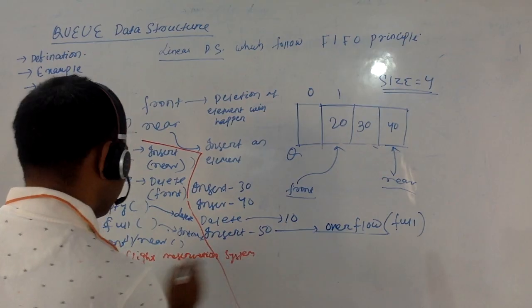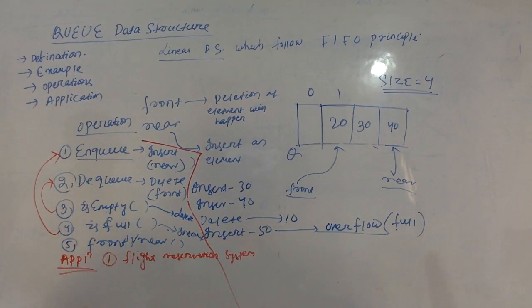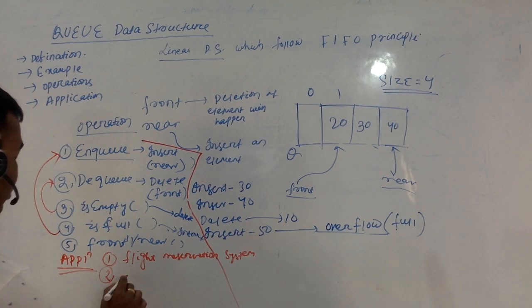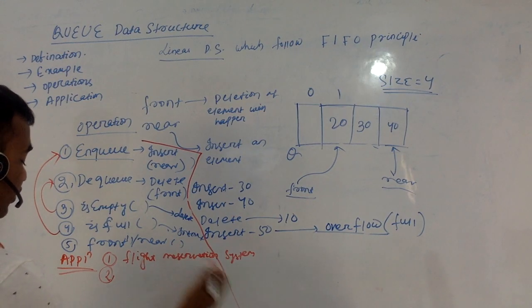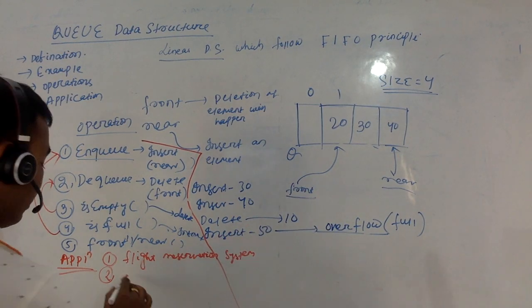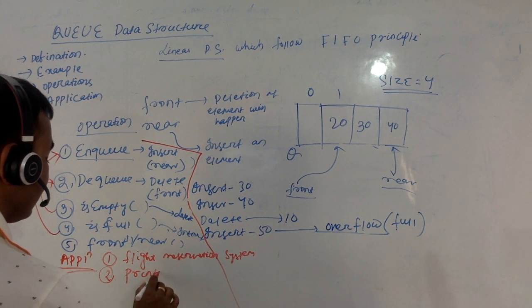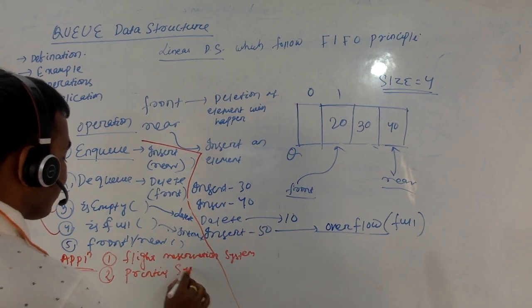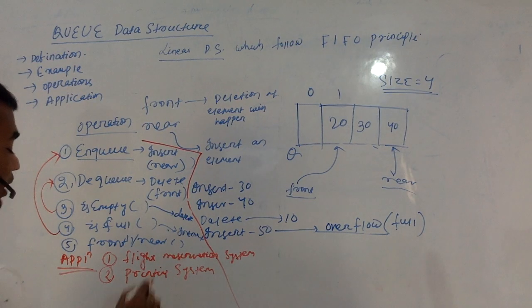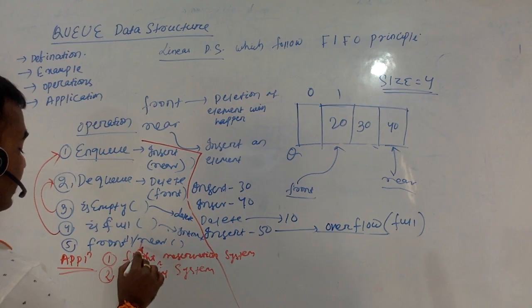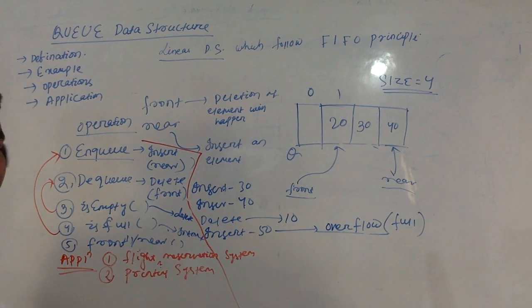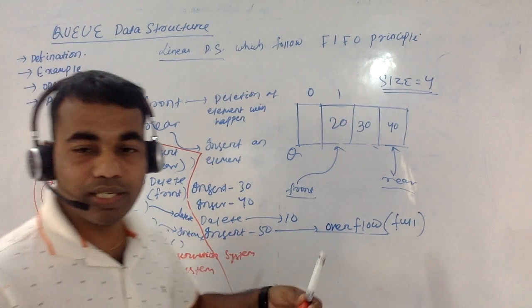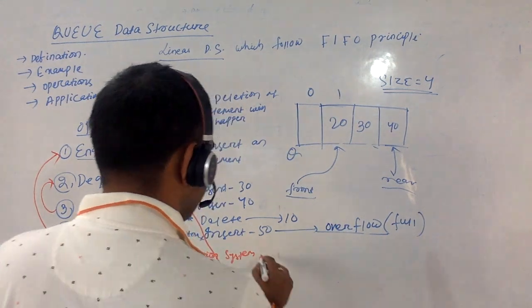Not only flight, you can say railway reservation system or flight reservation system. The second one is in your office, in case of your printing system. I'll explain what these do. Flight or railway or bus, so only online reservation system, maybe you can say. It may be hotel, it may be flight, it may be whatever.